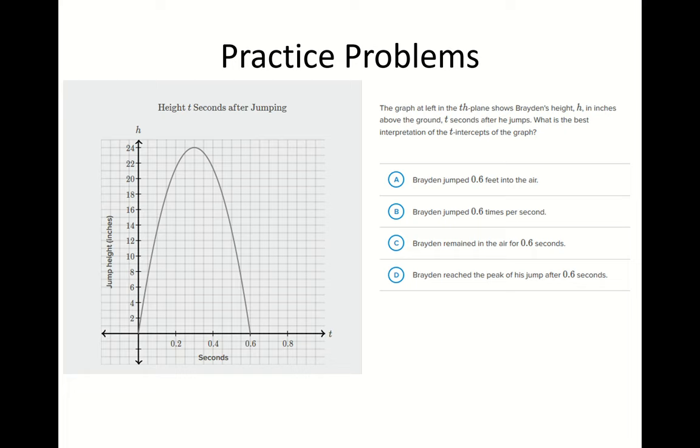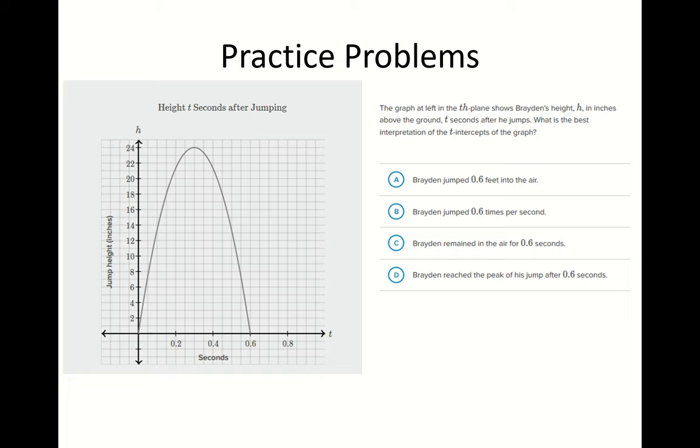Braden jumped 0.6 times per second. Now, you don't really have any data for the whole second. If anything, he at least jumped one time per second, right? If he jumped once in less than a second, then clearly he's jumped more than 0.6 times in 1 second.